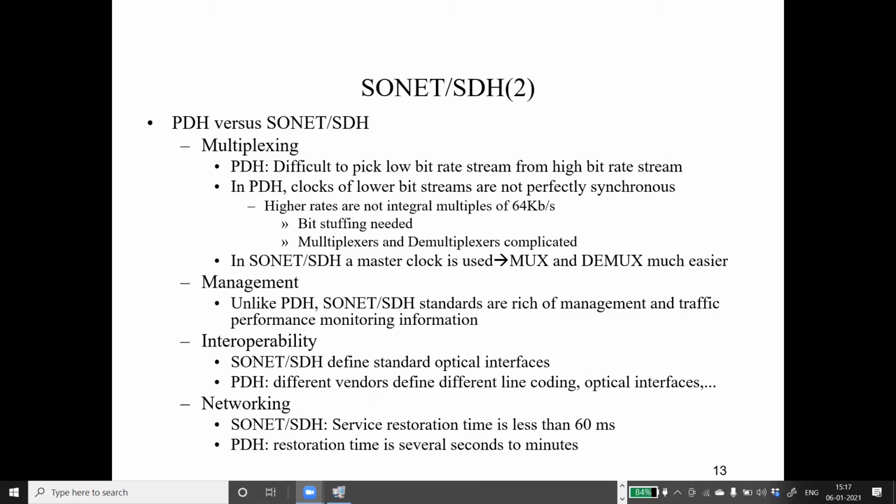If I take the base rate of Sonnet, it was 51.84, whereas for SDH it was around 155. So the multiplication factor is 3 times, and the base frame size was smaller for Sonnet as compared to SDH, although they were on similar lines.